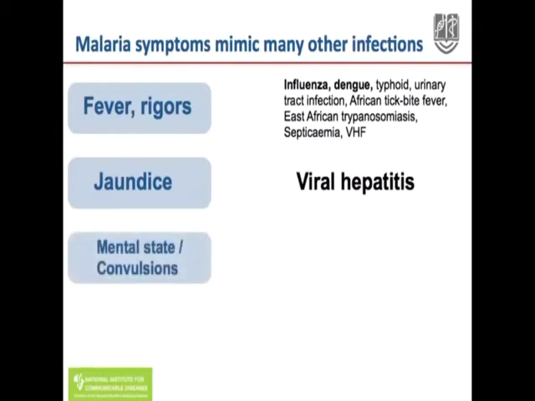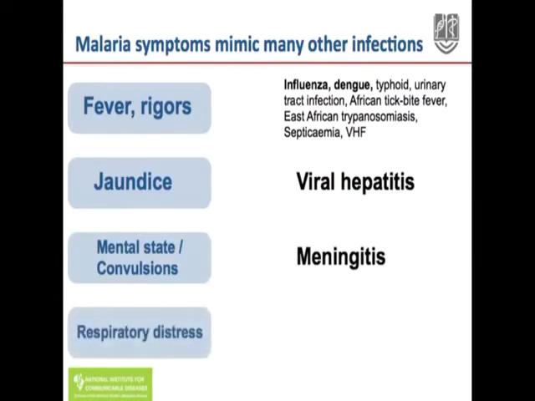Change in mental state, convulsions, may be confused with meningitis or encephalitis or cerebral malaria. And patients with respiratory distress may be misdiagnosed as pneumonia, whereas in fact the respiratory distress may be a complication of malaria.